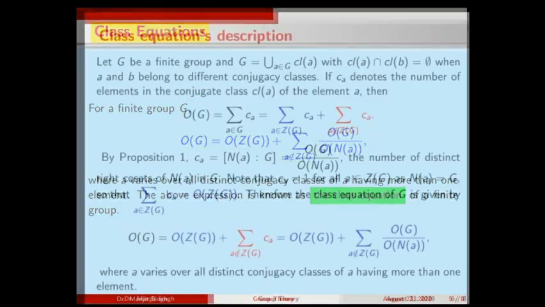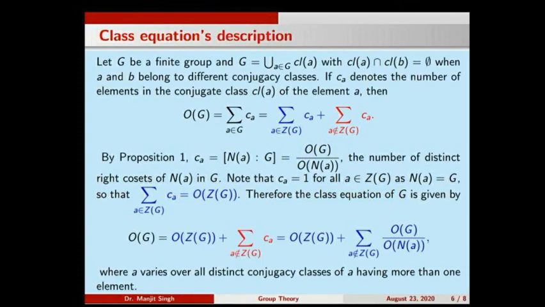In this next slide, the class equation: G is a finite group. G can be written as a union of disjoint conjugate classes. If c_A denotes the number of elements in the conjugate class, c_A is a number.